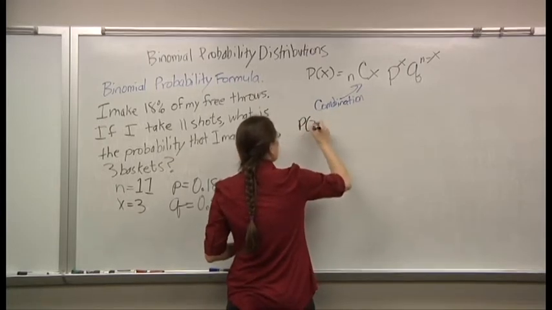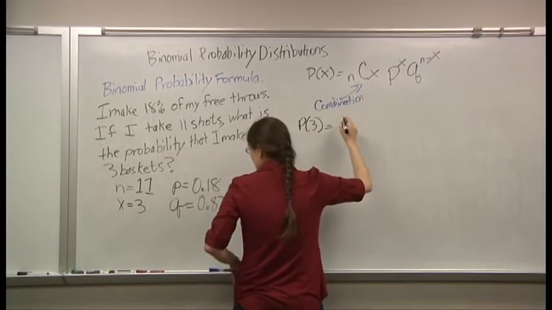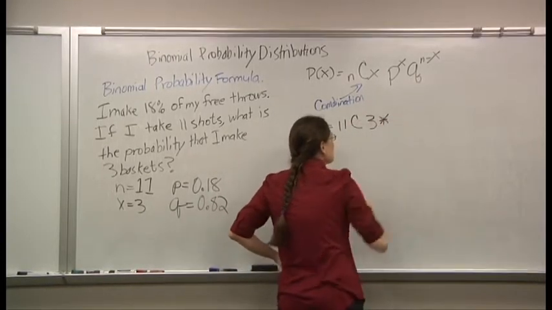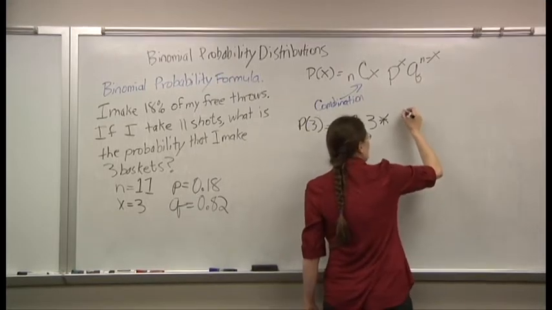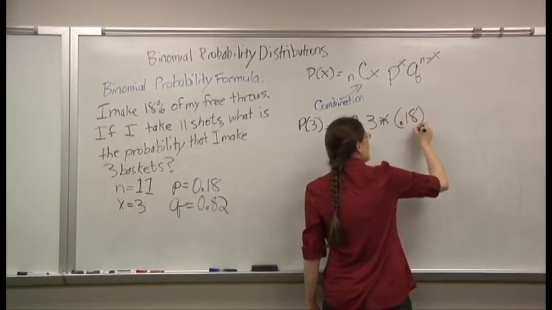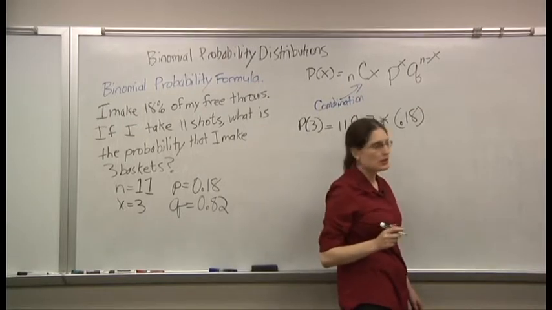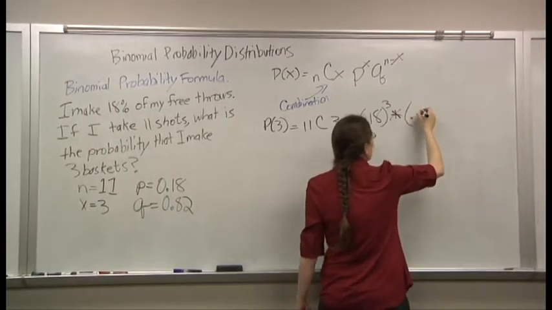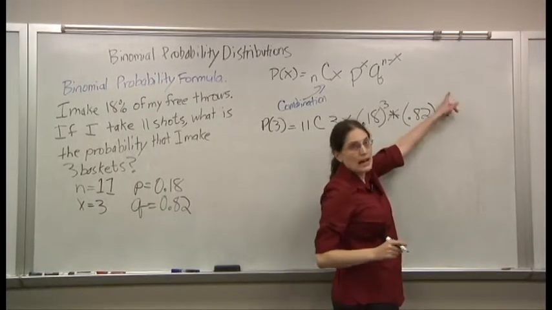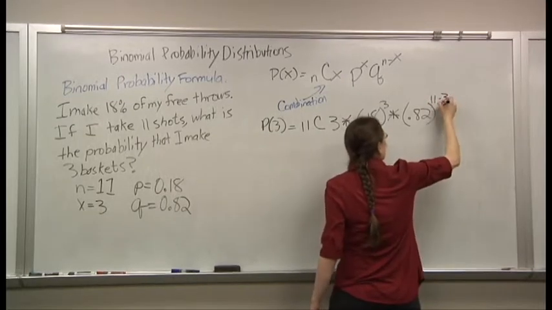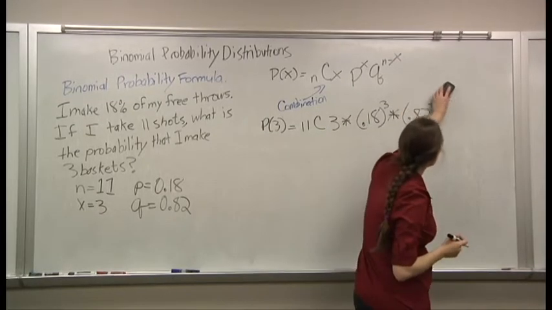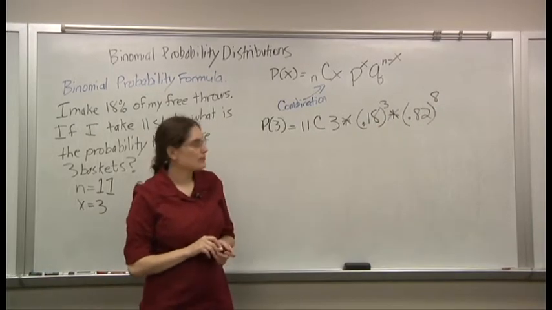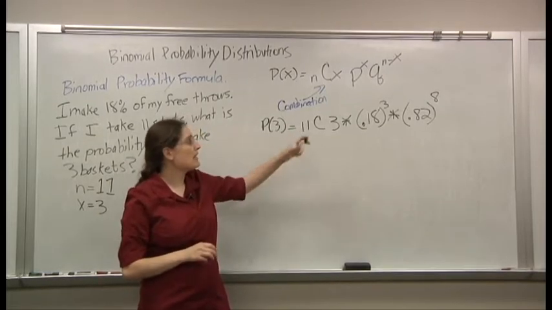Sorry, the probability of 3 baskets is 11 choose 3 times 0.18 raised to the power 3 times 0.82 raised to the power 11 minus 3, which is 8. The 2 exponents should add up to n.